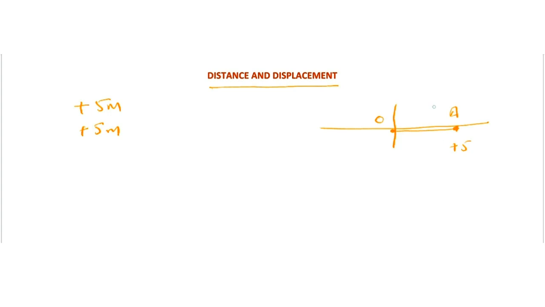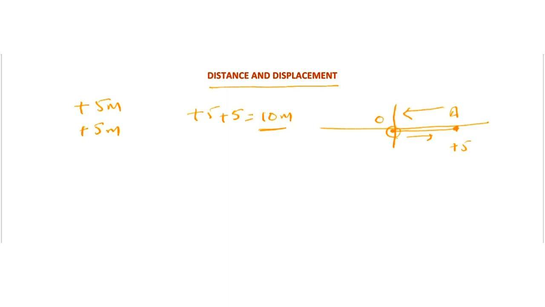Now this body returns back to the origin. In this case, the distance is plus 5 from origin to A and plus 5 from A to origin. It becomes 10 meters, because distance is a scalar quantity and does not include direction. The total path covered is 10 meter.